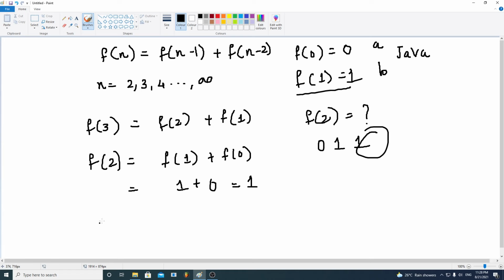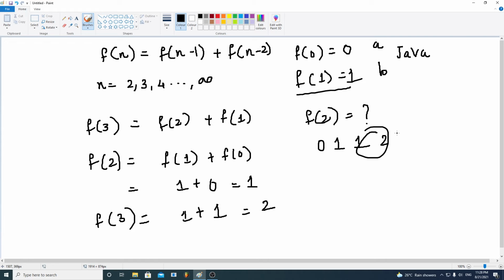Now we are able to calculate the value of f of 3. What will be the value of f of 3? It will be nothing but 1 plus f of 1, which is 1. That is nothing but 2. So that is similar to the algorithm I've already explained. Of course, Fibonacci series is never going to change.